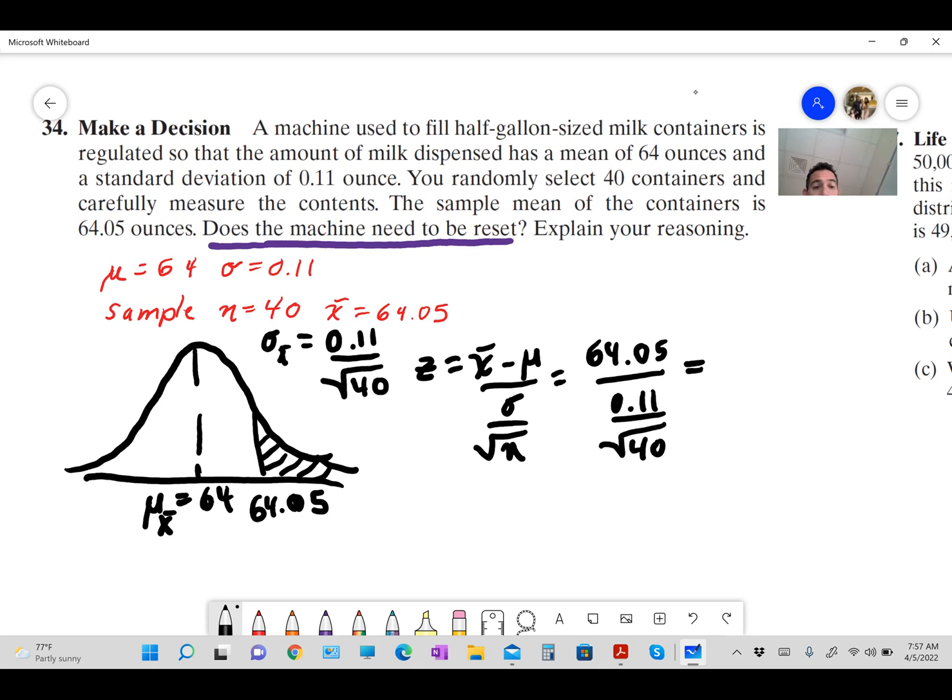One second, I forgot to put minus 64 here. So it's 0.05 divided by parentheses 0.11 divided by the square root of 40. I'll do this to 2 decimal places. I get 2.87. Make sure you check that you get that.